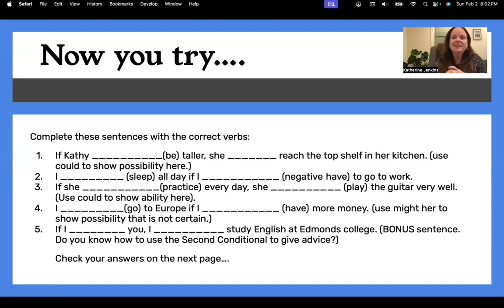That's right. We use the simple past. And with the independent clause, sometimes called main clause, what do we use? That's right. We use would, could, or might plus base verb. Okay, you go ahead and try. Pause the video so you can try this exercise.